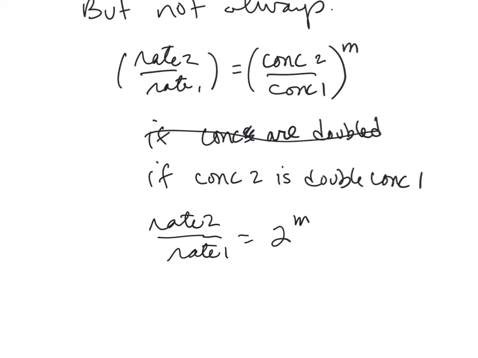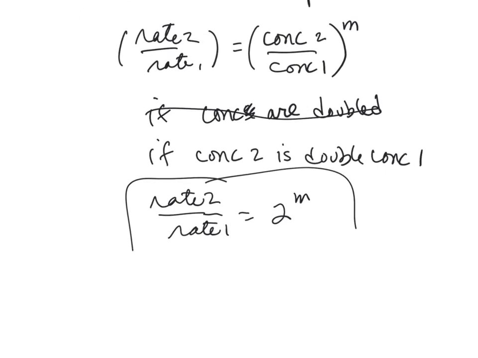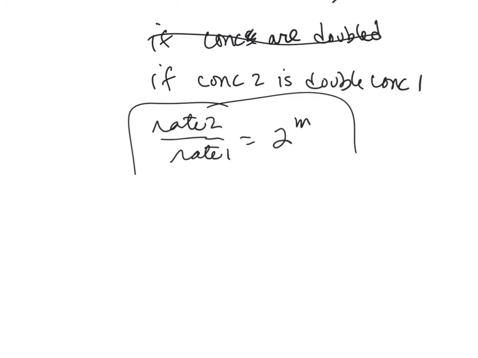So the concentration 2 is twice that of 1. Then you can solve for rate 2, which is equal to 2 to the power m times rate 1.